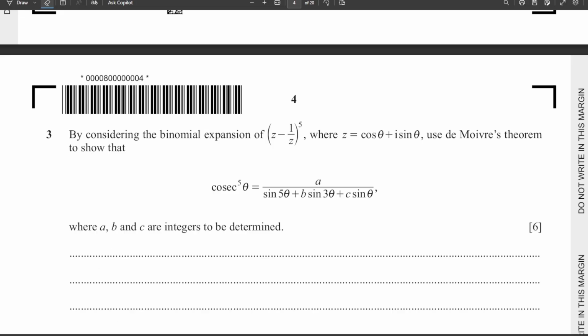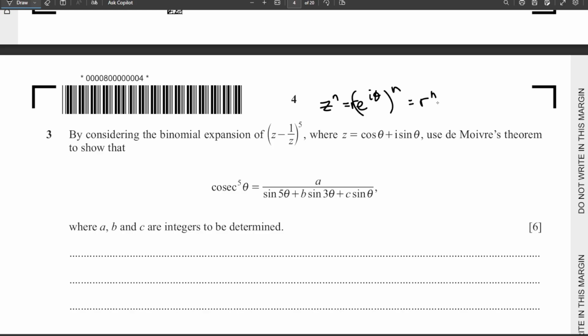We are given a binomial expansion of two complex numbers, where z is given as a cosine and an I sine. So we need to use De Moivre's theorem. If you recall De Moivre's theorem, let's say we have z to the power n, which is r e to the I theta, to the power n.